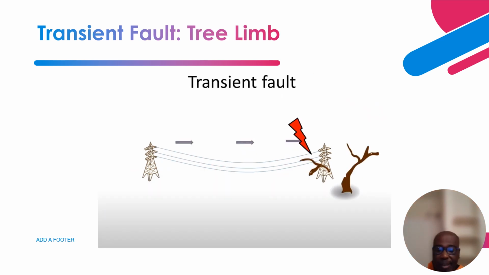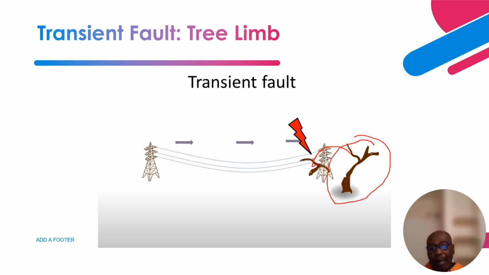Another example of a transient fault is the limb of a tree, right? So if you have a tree here and you have a limb that will break off and fall on the conductor, then depending on the weight of the limb, it can force two conductors to bridge together to form the phase-to-phase fault.